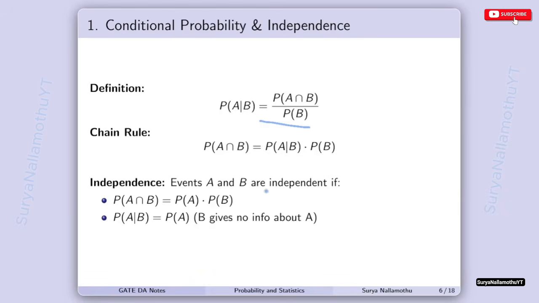Independence means A and B are independent if P of A intersection B is equal to P of A into P of B. It indicates that the events are independent, with no dependency on each other. So this is all about conditional probability and independence.